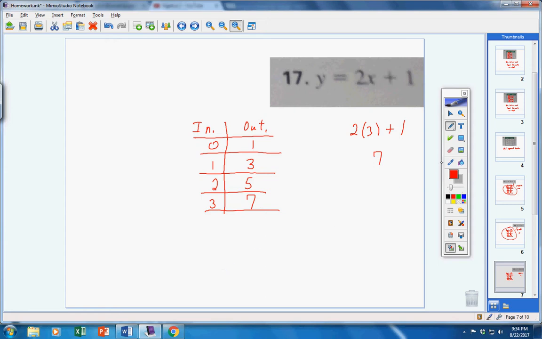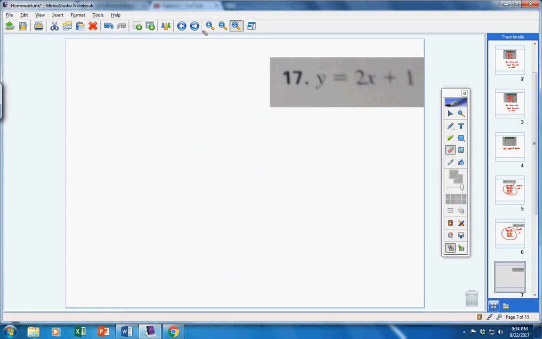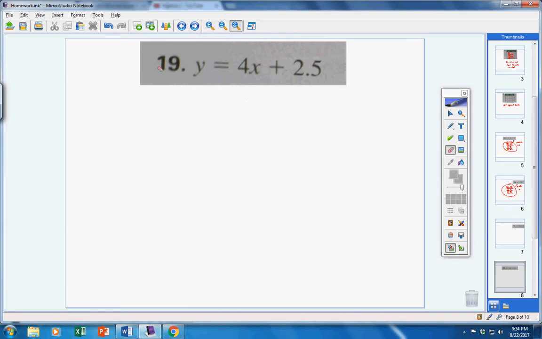Okay, not too bad. Here we go, moving on to numbers 19, 21, and 23, okay? We're going to make an input-output table for these values right here.